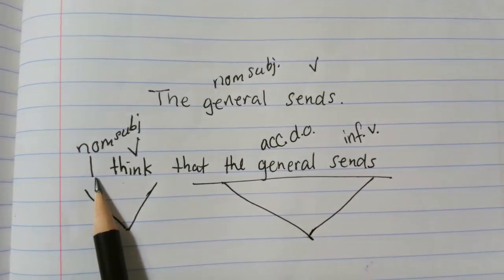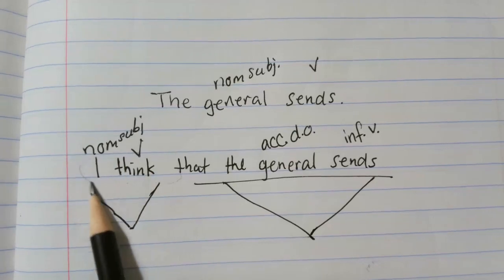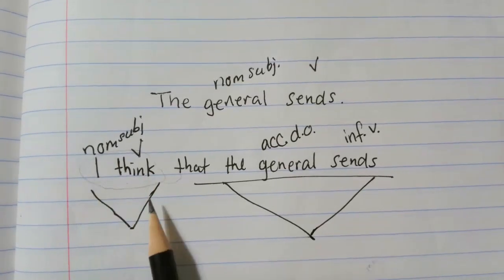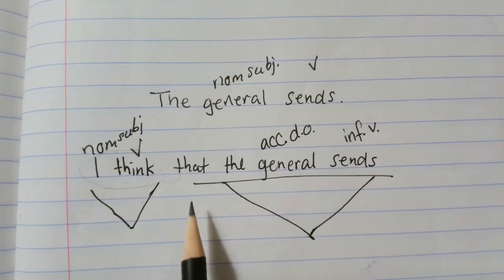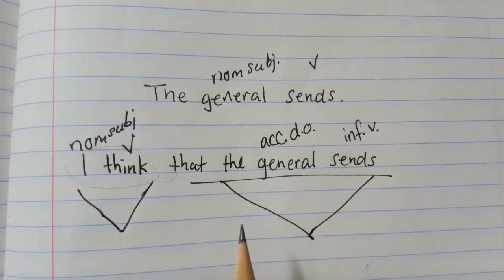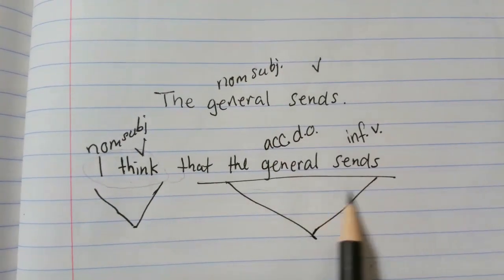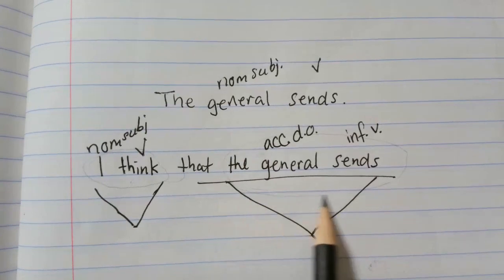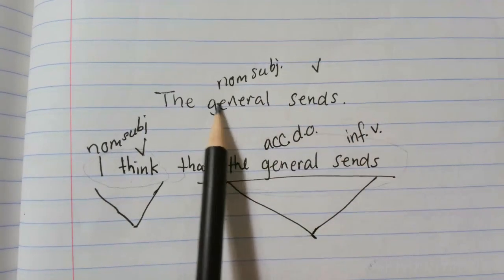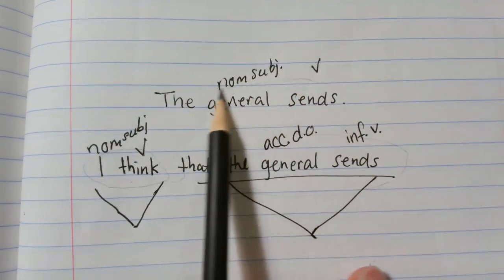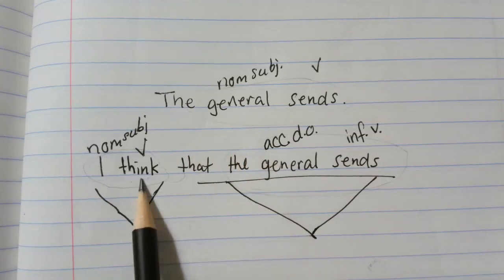So I would be the nominative subject now. This is an action by itself. I think, and then what am I thinking? You could say, what is the direct object of my thinking? It is this whole action of the general. So this whole phrase now becomes the object of the thinking.